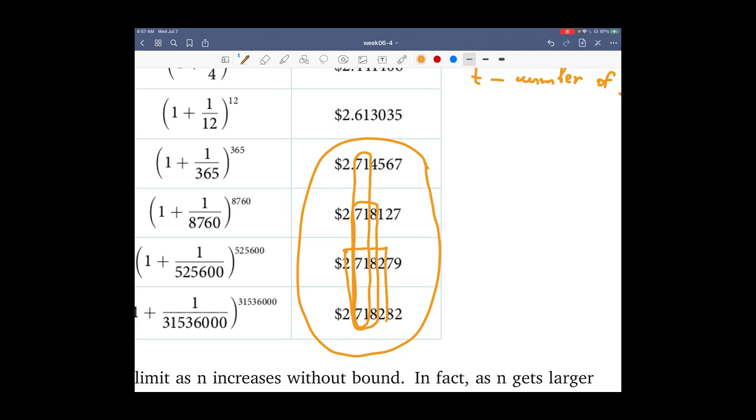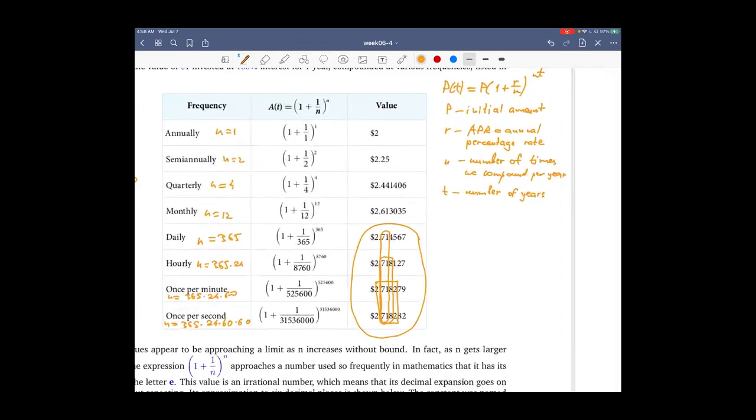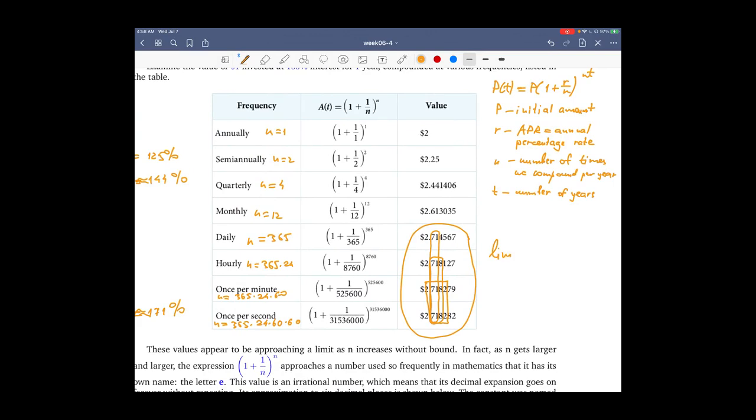And the same here, 7182. That is a strong indication that this quantity, 1 plus 1 over n to the nth power, when n goes to infinity, has a limit. Because as n increases, more and more of the decimal digits after the decimal point stay the same.